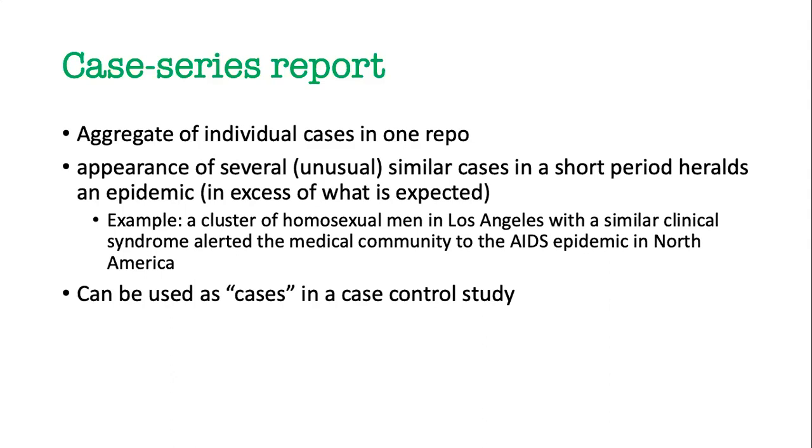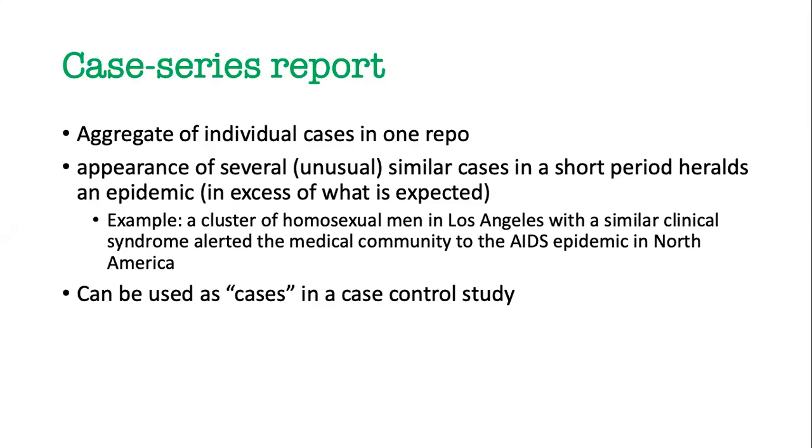Kaposi sarcomas are not very common, and also pneumonias that were not very common during the time, let's say Pneumocystis carinii pneumonia was very uncommon in otherwise young individuals. But because of this epidemic, in excess of what is expected, they investigated it and it alerted the medical community to the AIDS epidemic in North America.